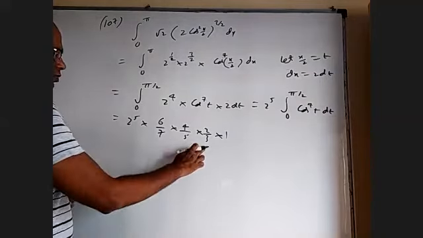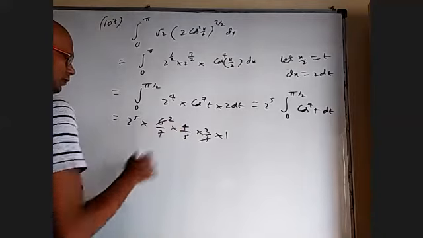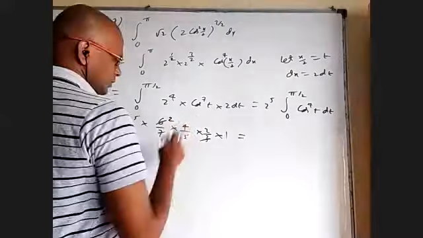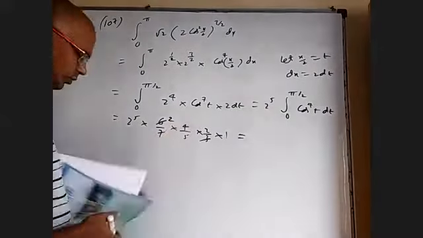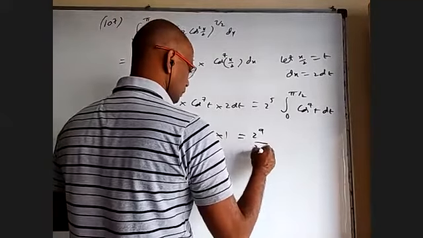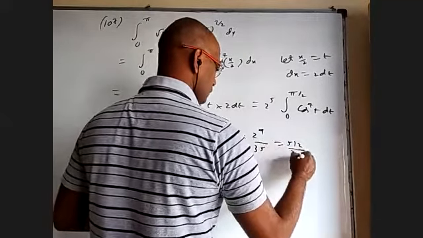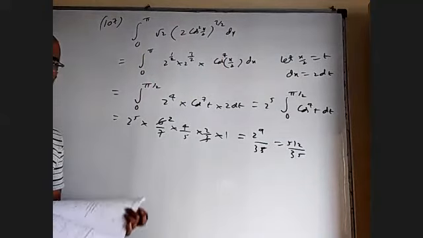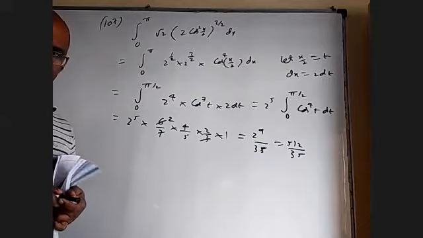Denominators are odd numbers, so nothing much will cancel. 2 power 5, 2 power 6, 2 power 7, 8, 9. 2 power 9 should be 512. So 2 power 9 by 35, 512 by 35. All right, completed 107.